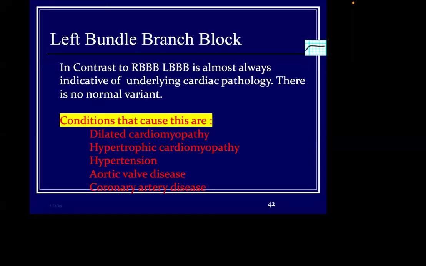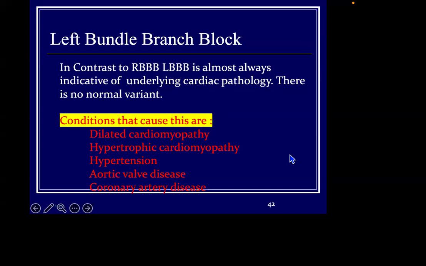In left bundle branch block, usually left bundle branch block is almost always pathological. It is not benign. That is to say, we don't have normal left bundle branch block. LBBB is almost always indicative of underlying pathology, and you should detect this pathology. This could be dilated cardiomyopathy, hypertrophic cardiomyopathy, hypertensive heart disease, aortic valve disease, coronary artery disease, and these things.